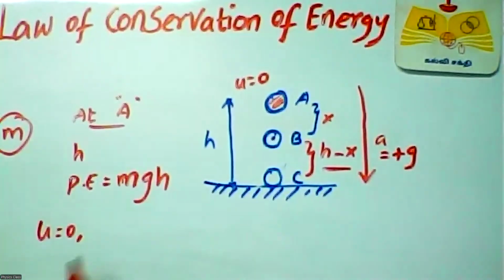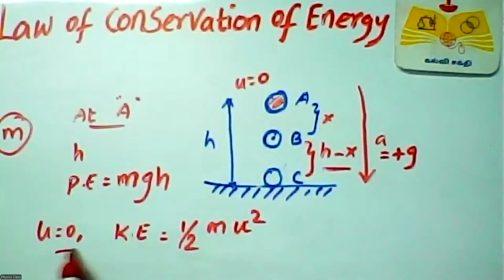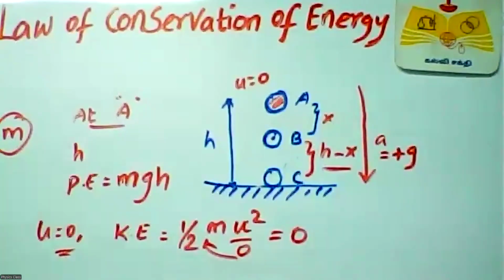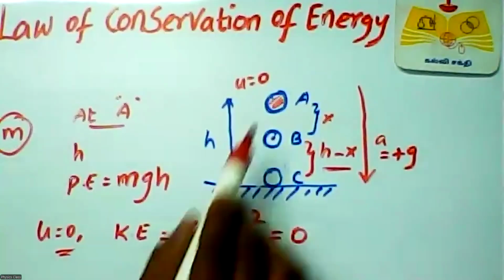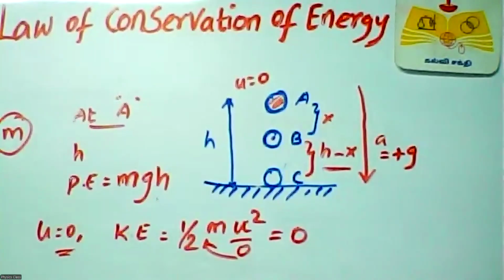Once U is equal to 0, you may think about kinetic energy, that is half mv square. Here V is also called U, in terms of initial velocity. But U is already 0, and 0 into anything is 0. That means no kinetic energy is there. Only potential energy. In the top position, an object, ball or stone only has potential energy.